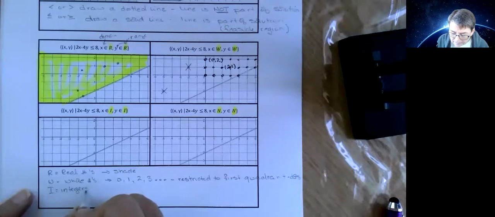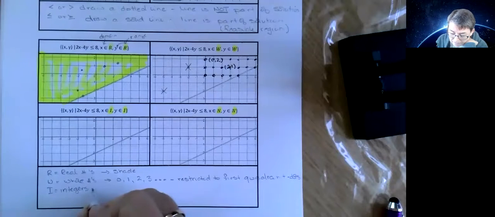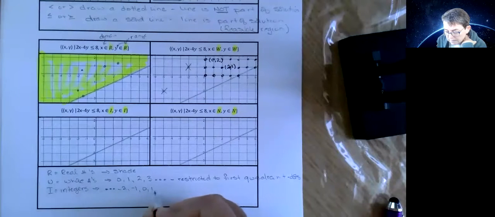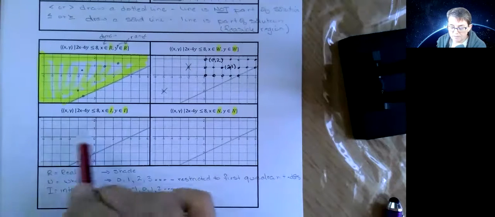All right, integers. How's the memory? Yes, signed numbers. So negative dot, dot, dot, -2, -1, 0, 1, 2. It's not restricted to any quadrant, so you can be wherever you want.